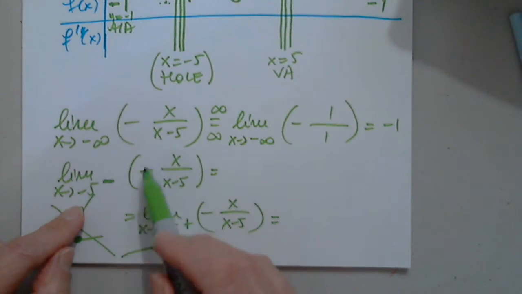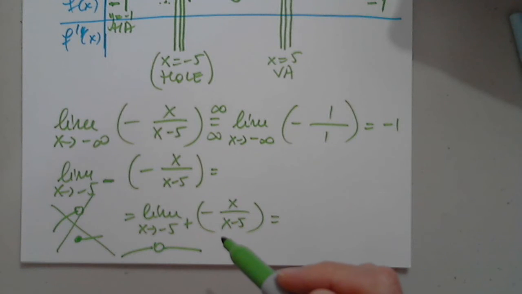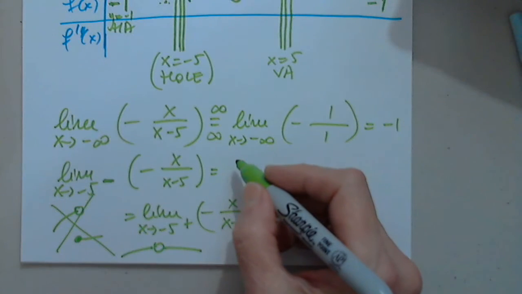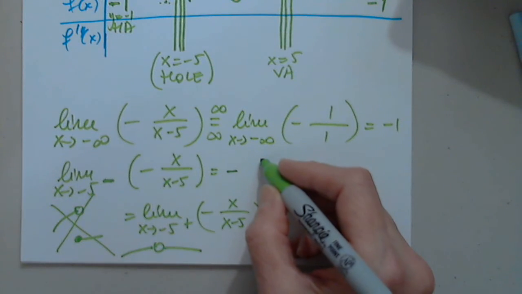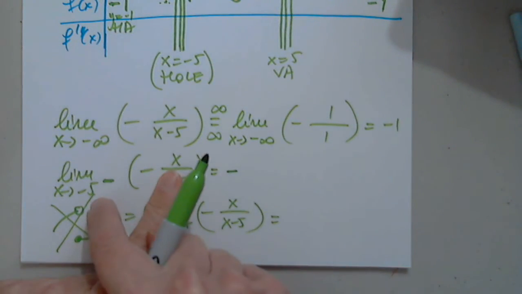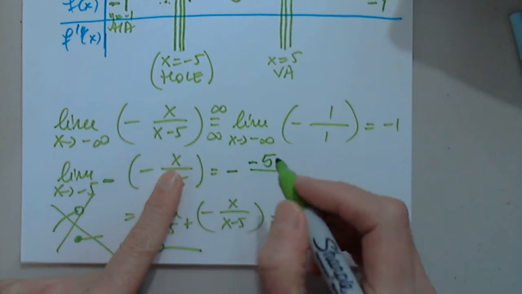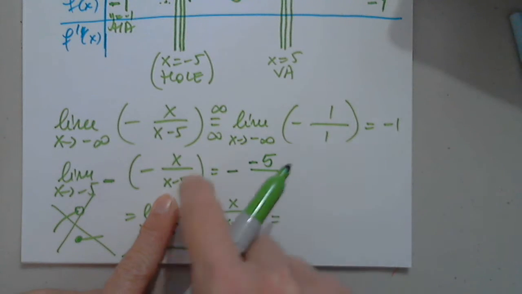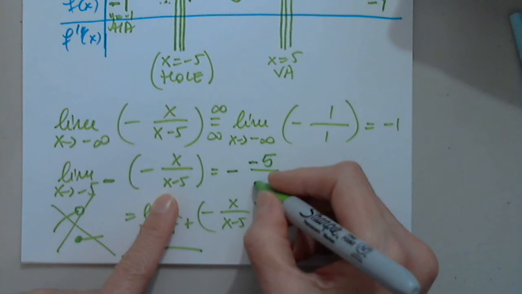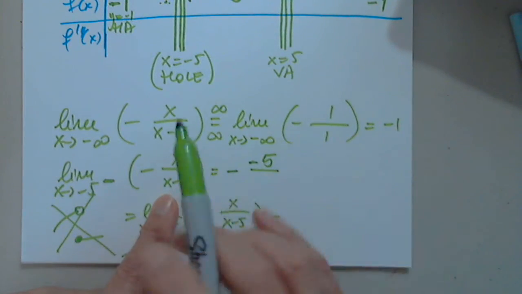So can anyone plug in here -5 and tell me what to write? Where does the top go? So the top is -5. Okay, what about the denominator? Sorry, I was looking at that as a -5. That's okay. So this is not undefined.